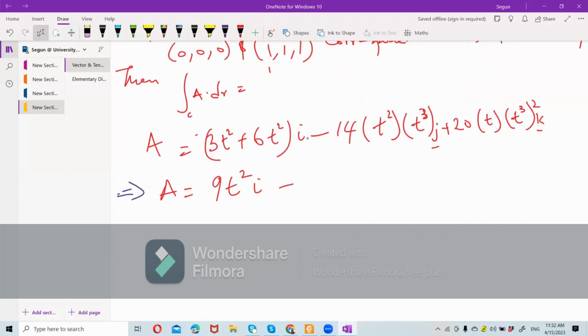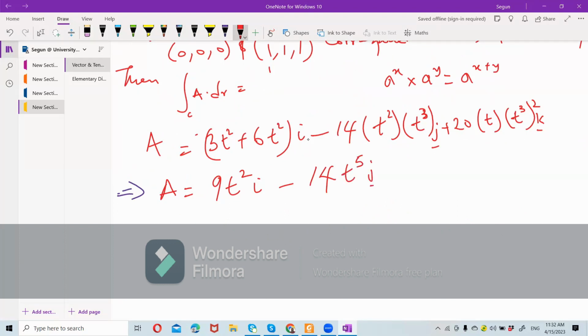Minus, according to the law of indices, A raised to power x multiplied by A raised to power y is the same thing as A raised to power x plus y. So this power, we can add it together by saying 14t raised to power 5j. Are we together? Yes, sir. Now, first of all, resolve this one. When you resolve this one, what do you have?